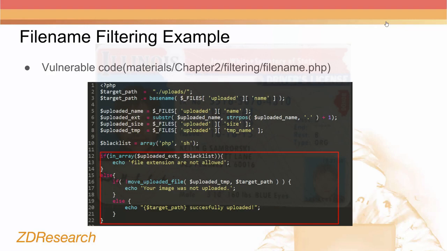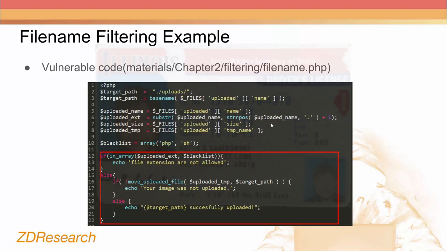It gets the file name, extension, size, and the temporary name of the file. Take a look at it and try to figure out where the vulnerability lies in this file, because that's the first step to exploiting it. So as you can see, in line 6, we're using the substr function to get the extension. It's strrpos.